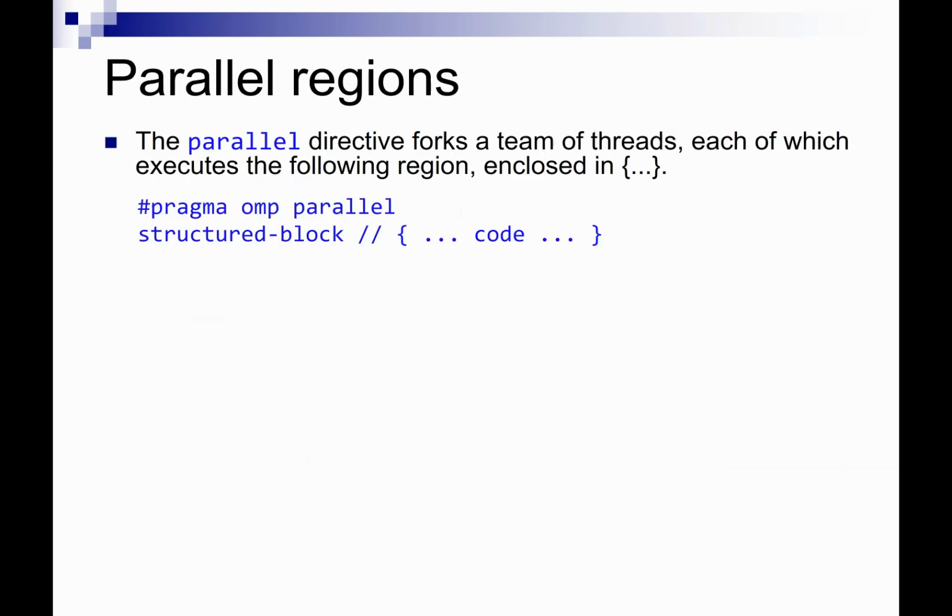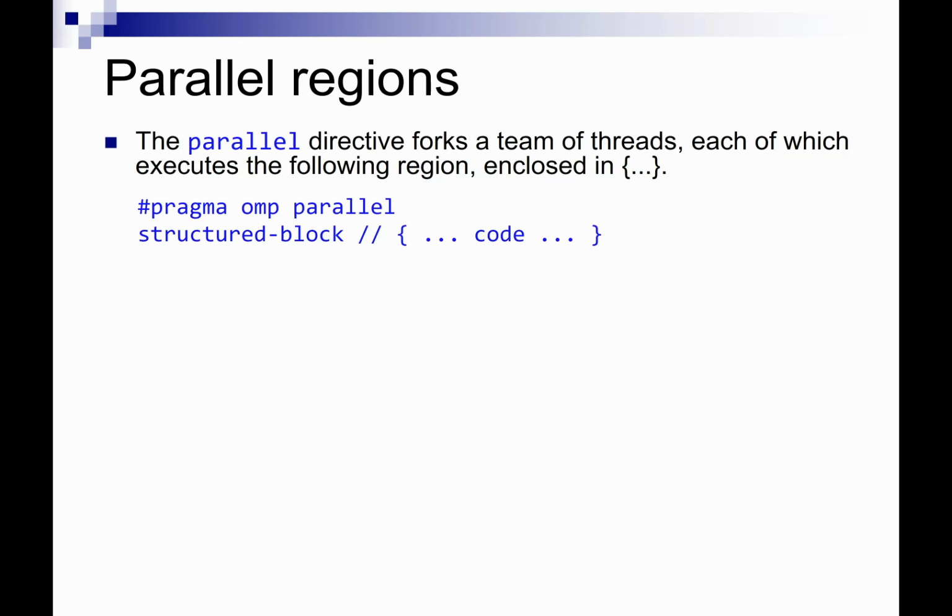The first thing to talk about is how we do these parallel regions, because that's where the parallelism occurs. In order to start a parallel region, we want to make sure that we have many parallel threads, because initially you just have one master thread, and when you get to a parallel region, you need to create a team of threads. The way that you create a team of threads is using this parallel compiler directive. You add this line to your program: pragma omp parallel.